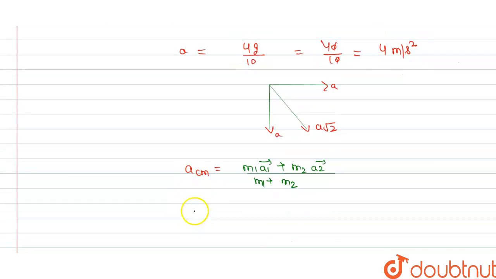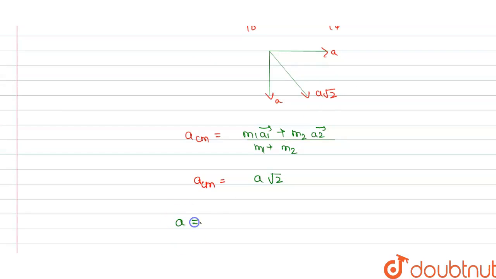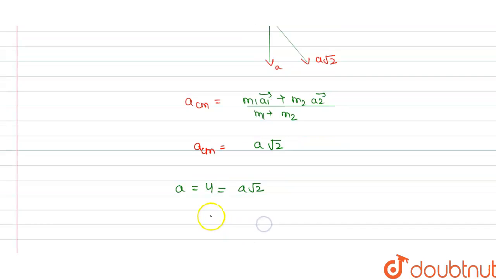So this is a under root 2, the acceleration of center of mass, and we have calculated a equals 4 meter per second square, and this equals a under root 2. So we can write a equals 4 divided by under root 2.